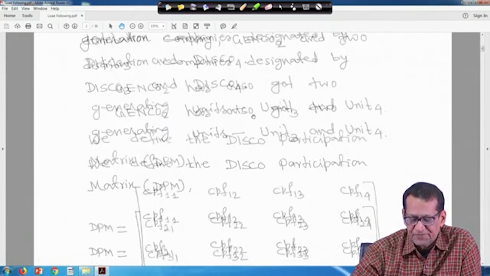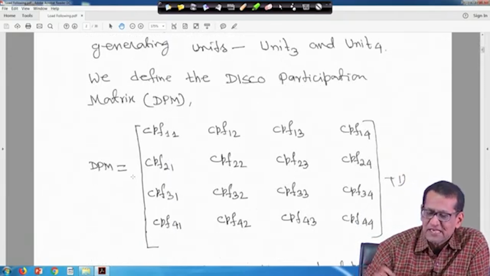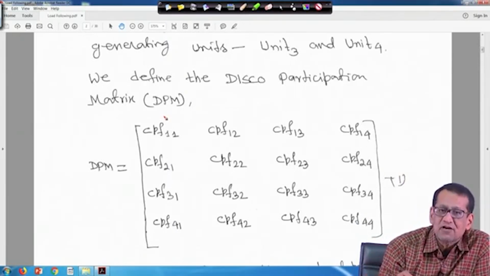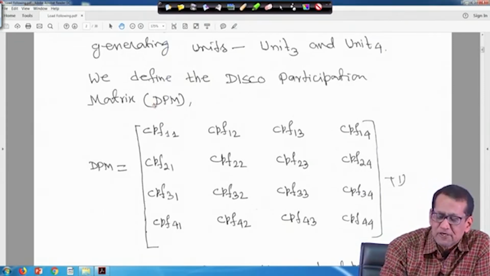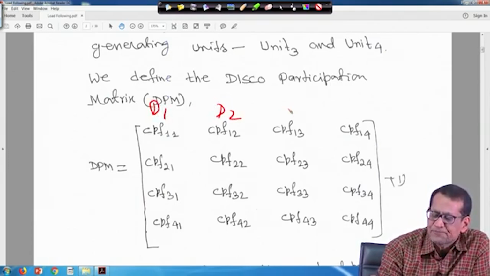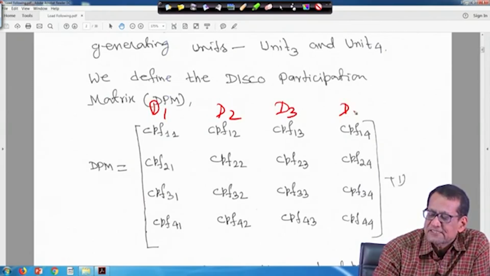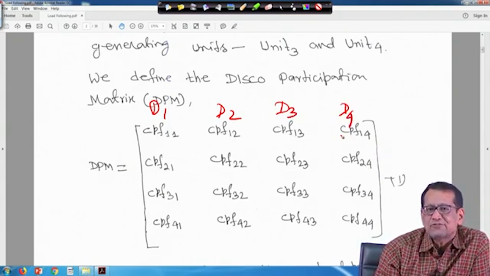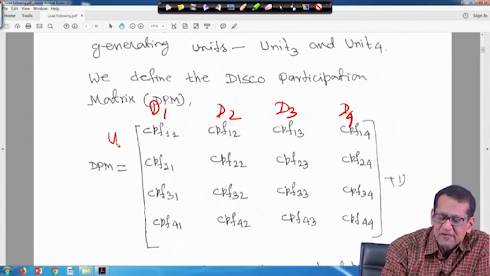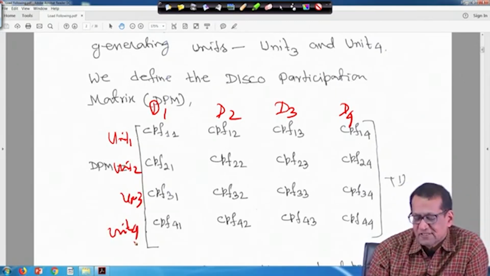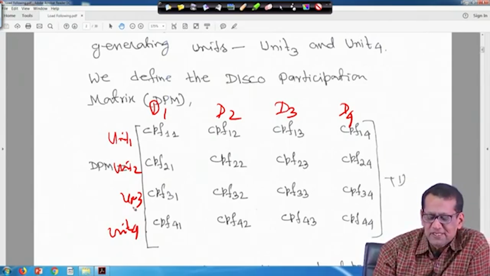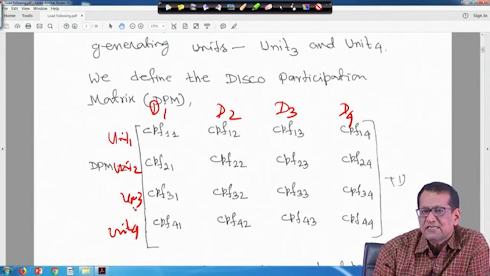Here we write DISCO 1, DISCO 2, DISCO 3, DISCO 4 in short as D1, D2, D3 and D4, and where earlier it was GENCO 1, GENCO 2, GENCO 3, GENCO 4, here instead we write unit 1, unit 2, unit 3 and unit 4.